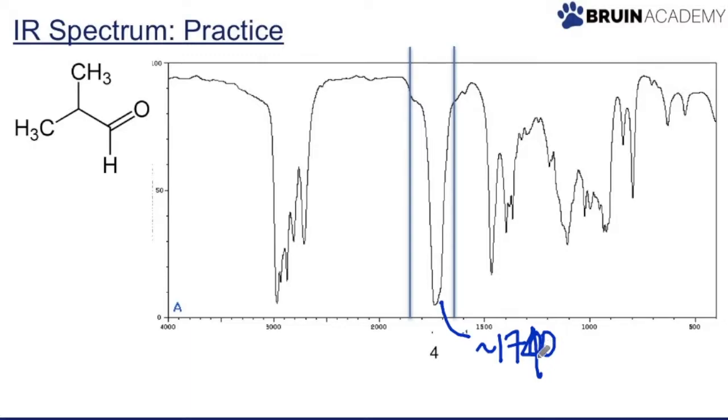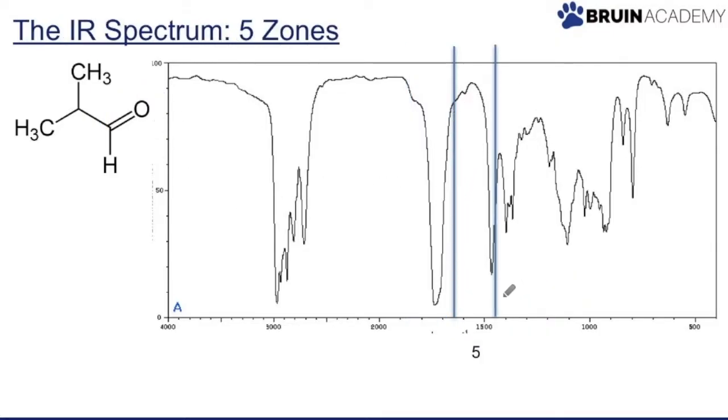This represents an aldehyde ketone, or aldehyde carbonyl. So this is this bond right here, as indicated with this very strong peak. Usually if you see a very, very strong peak around the 1700 region, that indicates that the molecule has some type of carbonyl in it, a C double bonded to an O.